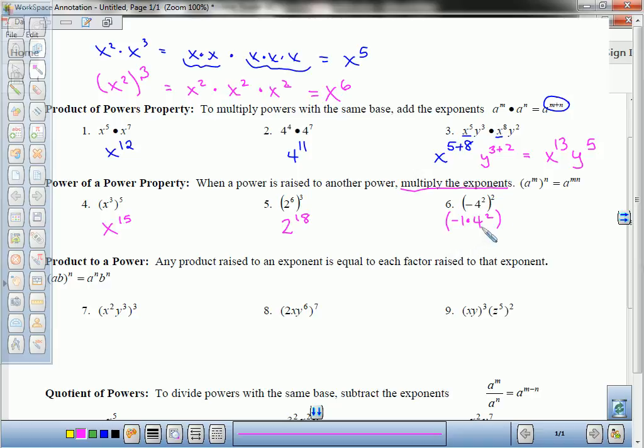So this answer is going to end up being a positive 4 to the 4th. Now we actually can simplify this. 4 to the 4th is 256. That's not a huge number.